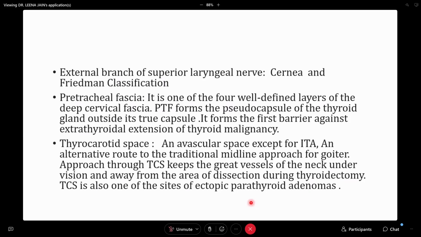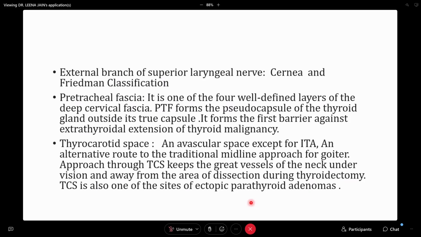Okay. Then another important structure which is to be taken care of in thyroid surgeries is the pretracheal fascia. Actually, it forms a pseudo capsule of the thyroid gland and it lies outside the true capsule.